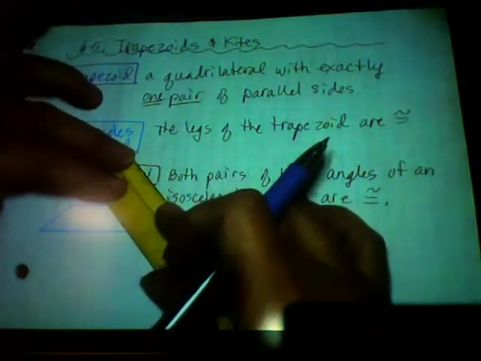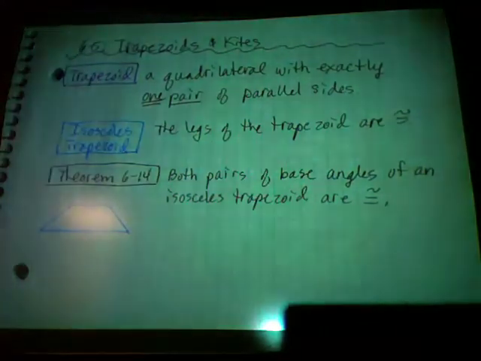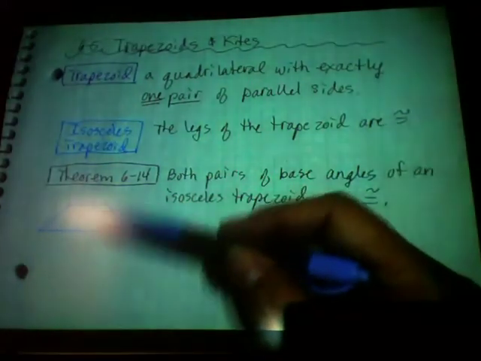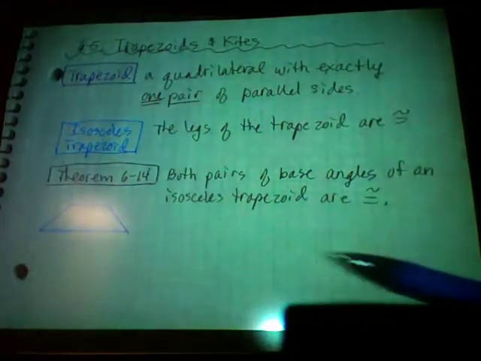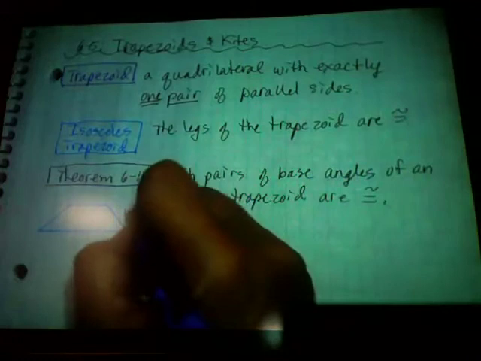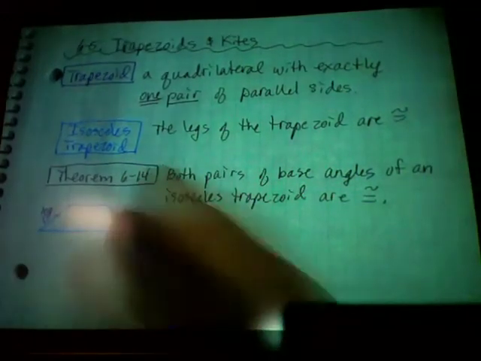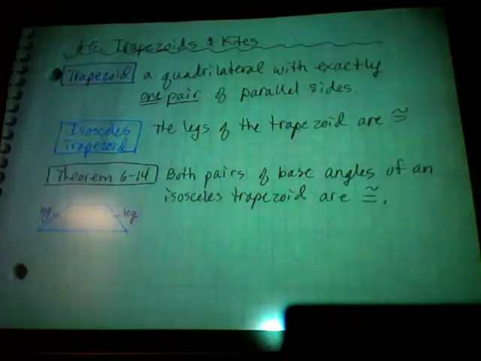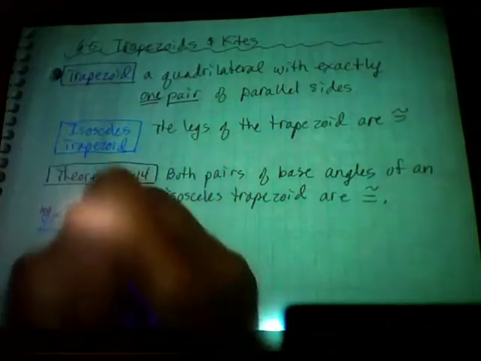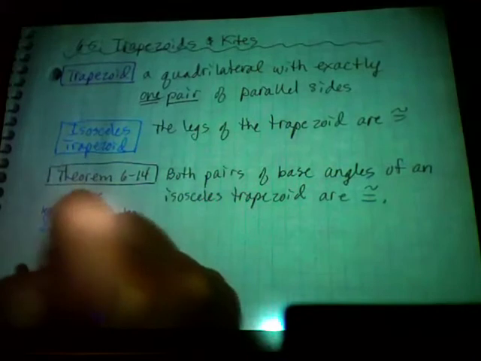And trapezoids have two bases. The two sides that are parallel are your bases. The two sides that are not parallel, this would be the leg and the leg. So on an isosceles trapezoid, those legs are congruent. And then this is a base, and then this is a base.